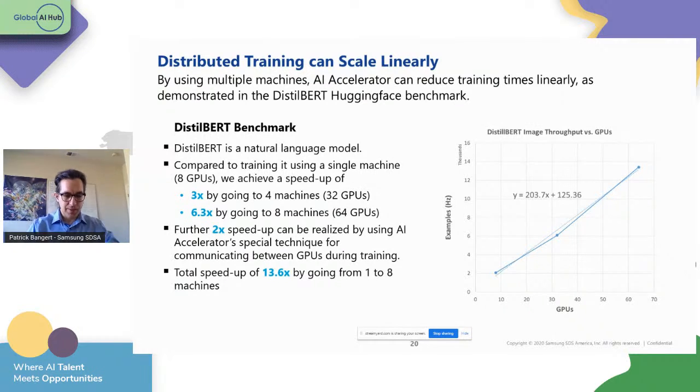So in fact, not only do you reduce the overall duration by introducing more and more GPUs, you actually accelerate beyond the linear scaling. You go into a hyper training mode where you actually gain time itself, time per GPU. So increasing the resources by 8 increases the speed by 13.6 times.